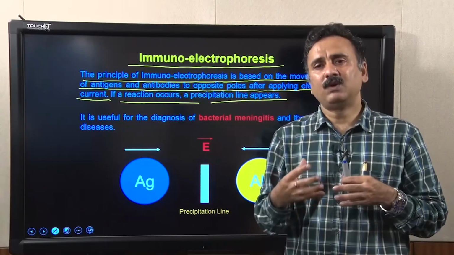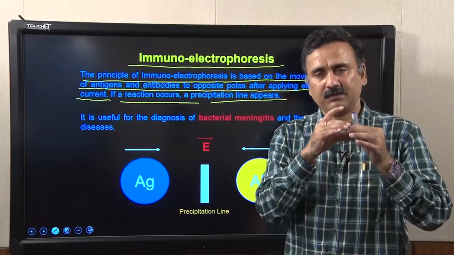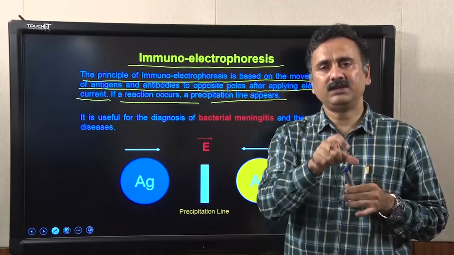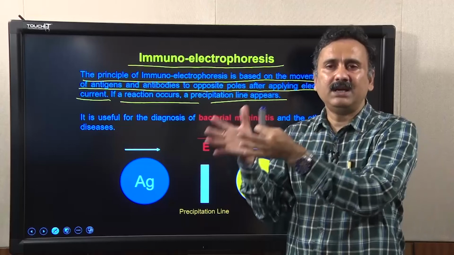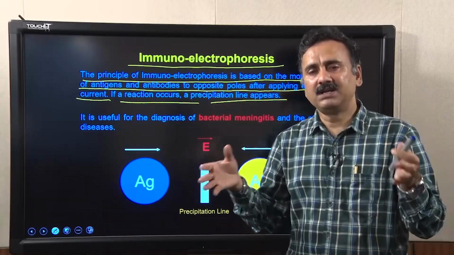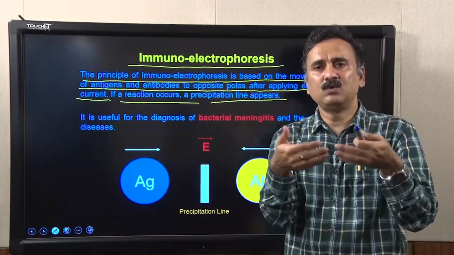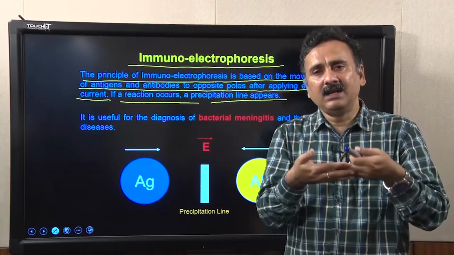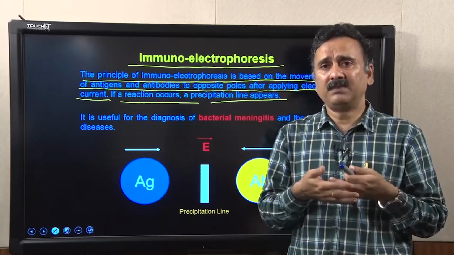So, in that case you make an agarose gel, add the antigen into one well and the antibodies into another well, and then apply the electric current across them. The antigen and antibodies are going to run in opposite directions, and while running they will interact with each other and form the precipitate.